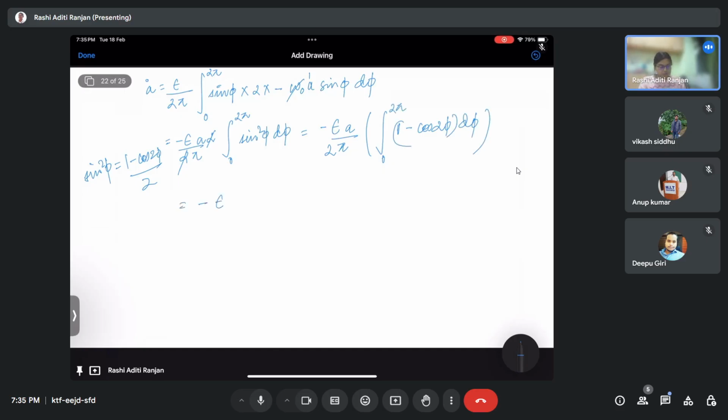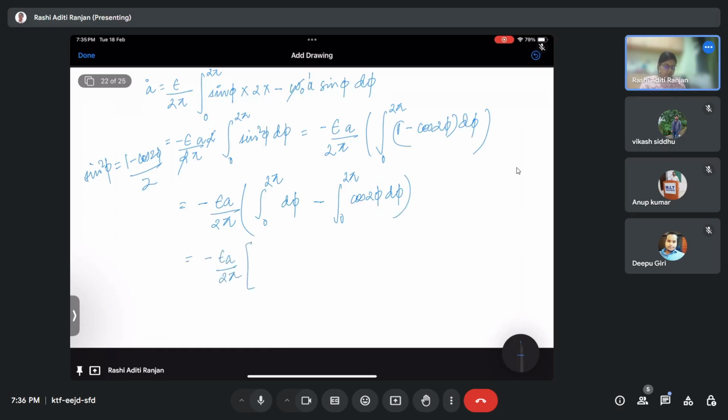So we will integrate and put the values.